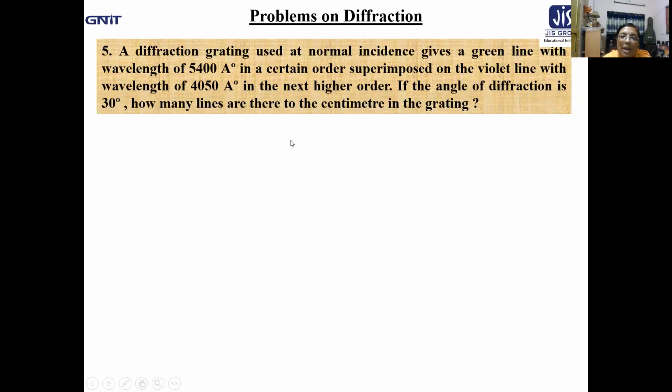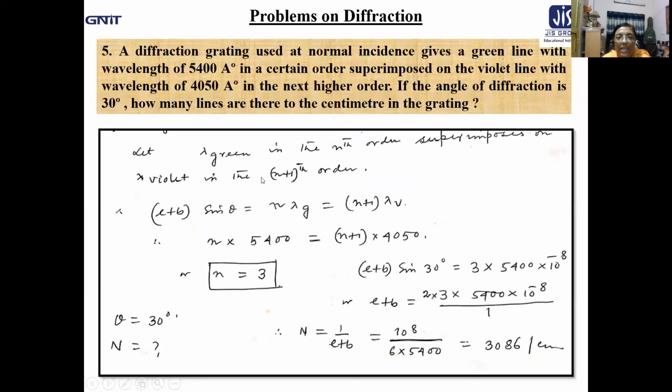Again, it is N you are asked to find out, but the given data is something different, the problem is different. So here, as per the question, lambda green in say nth order superimposes on lambda violet in the (n plus 1)th order, because it is told in a certain order superposed on the violet line in the next higher order.